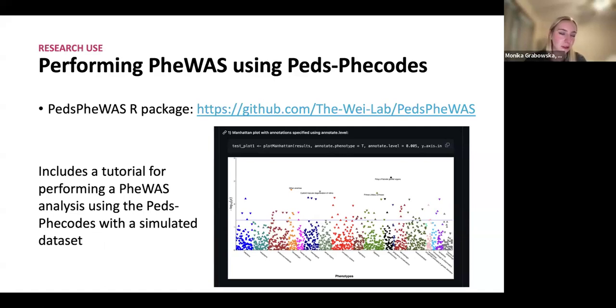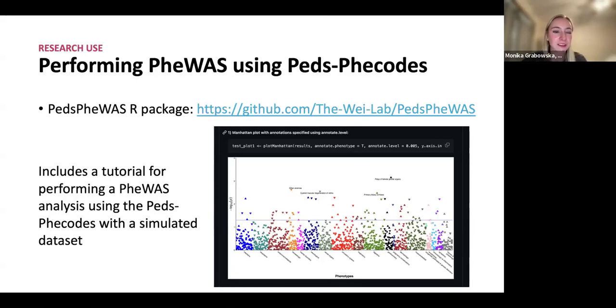With the sub Phecodes, we're at 2,051 PEDS Phecodes total. And we did create around 350 additional Phecodes. With that being said, we were able to exclude the original Phecodes that weren't related to pediatric illness.